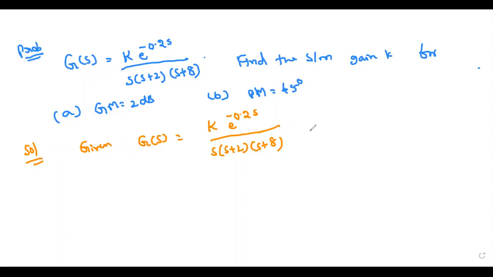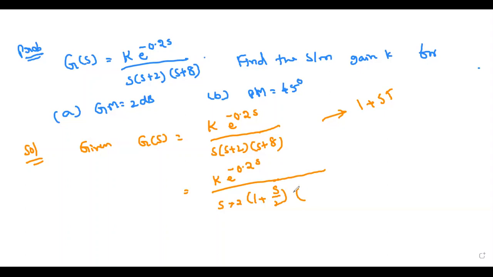Convert into 1 plus sT format, all should be in 1 plus sT. So this e power we can't do anything, keep it as it is, e power minus 0.2 s divided by the denominator, it is s into, here it should come 1 plus sT. So 2 we should take common, so it is 1 plus s by 2.